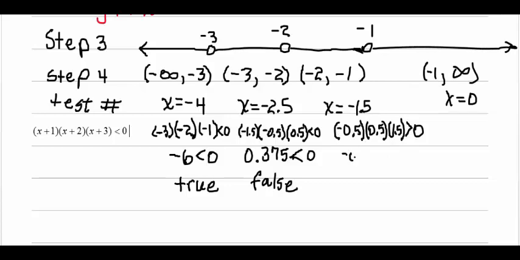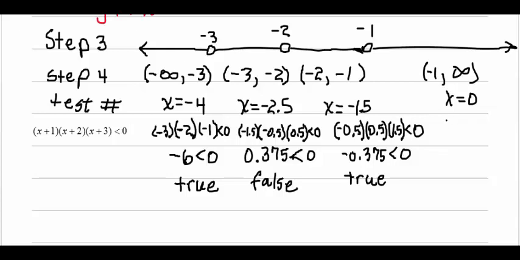This becomes negative 0.375 less than 0, which is a true statement. That number is less than 0. So my test number, negative 1.5, makes this inequality true. So all the numbers in this interval that this test number represents make the inequality true.